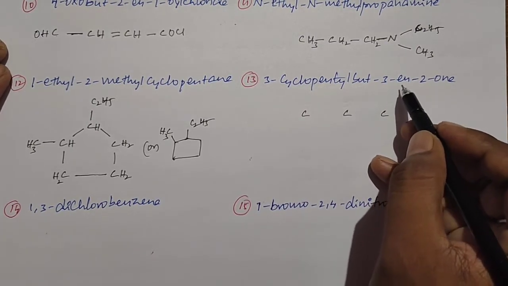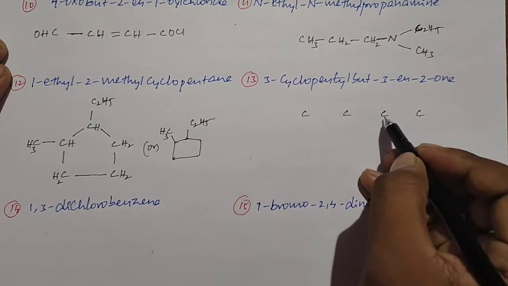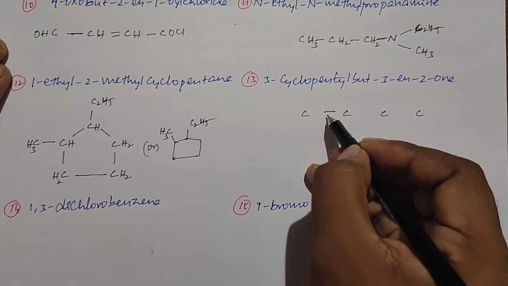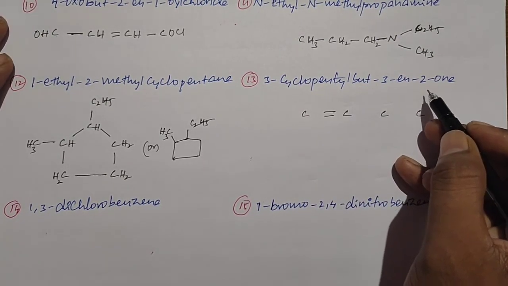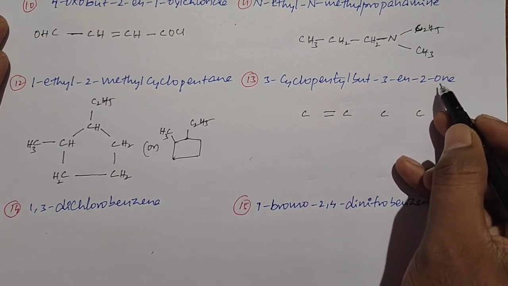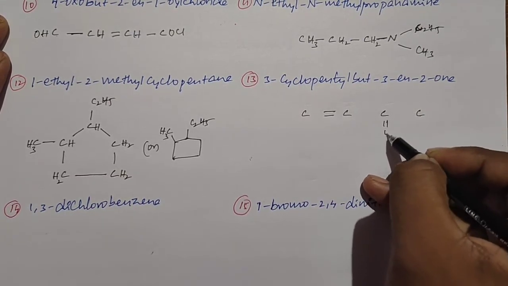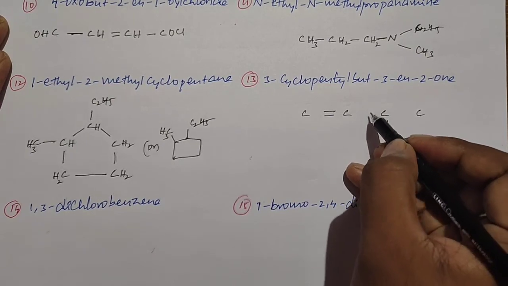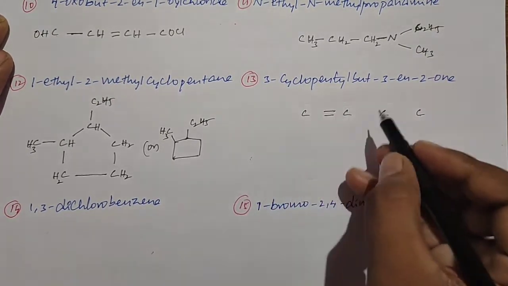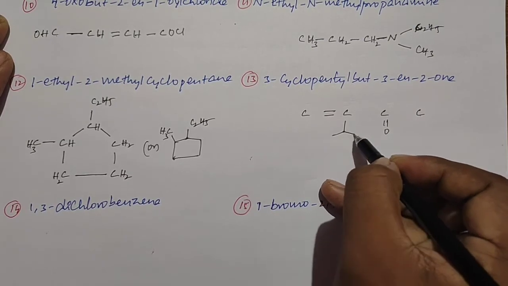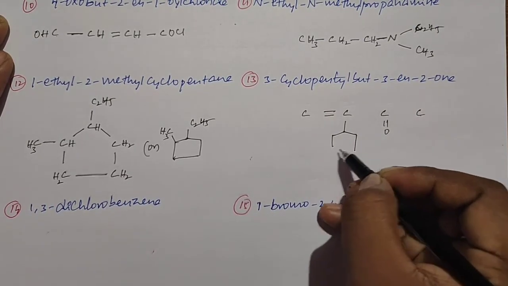The primary suffix is given as 3-yne. At the second carbon we have the keto group as the secondary suffix, so a double bond to O, and at the third carbon we have the cyclopentyl substituent.